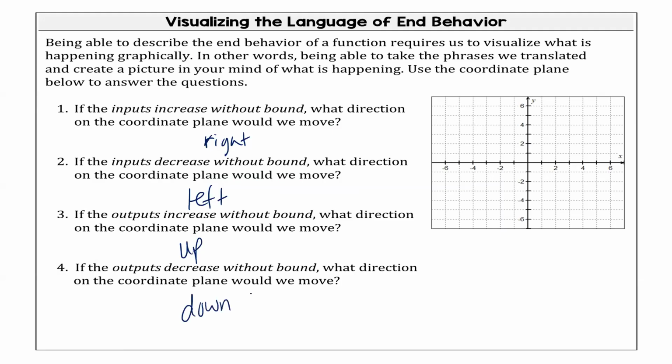Okay. So what I would like for you to do is create your own little polynomial, and then have your neighbor describe the end behavior. In that box, you're going to create your own polynomial, and your neighbor is going to describe the end behavior to you. If you don't have a neighbor, then find a neighbor. You can be as creative as you like, but you're going to describe what end behaviors are taking place.